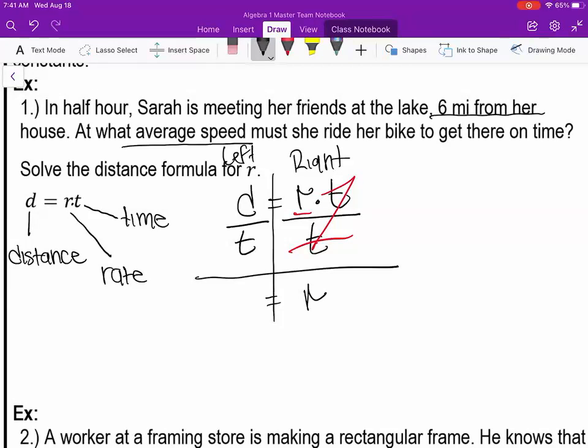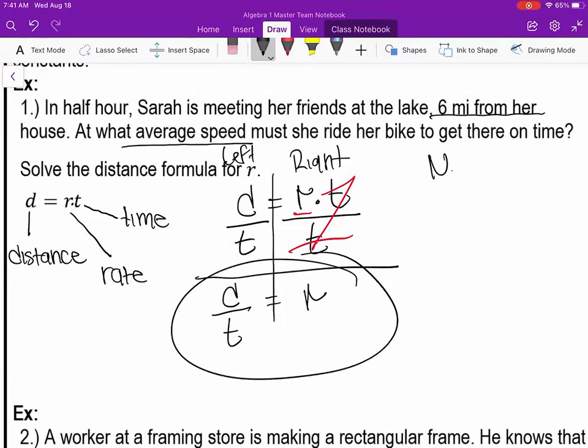And on the left side, we're left with D divided by T, which is what we wanted. So now we have a new formula. Our new formula is R equals D divided by T. I just flipped them because I want R on the left, but that's my new formula.